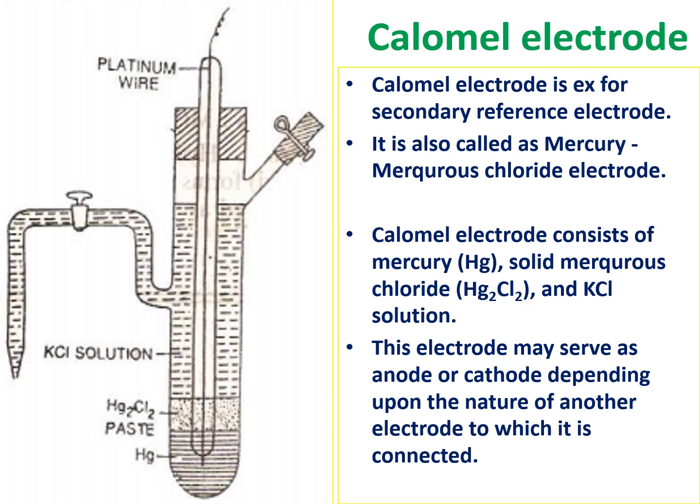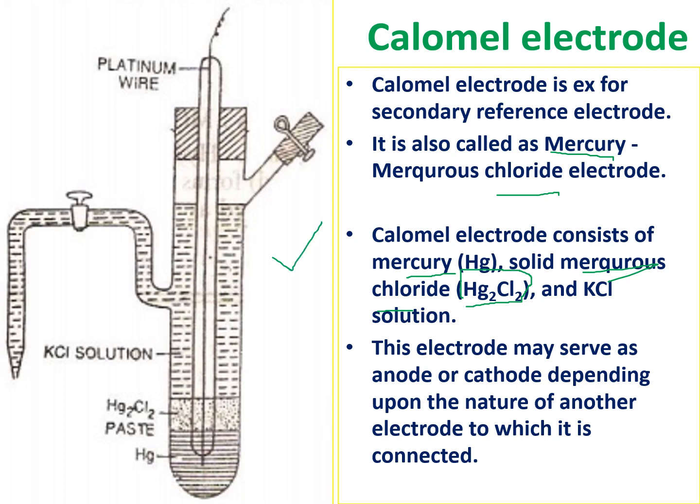The calomel electrode is an example of a secondary reference electrode. It is also called the mercury mercurous chloride electrode. It contains mercury, Hg, and solid mercurous chloride, Hg2Cl2, which is also called calomel. That's why the whole electrode is called the calomel electrode.